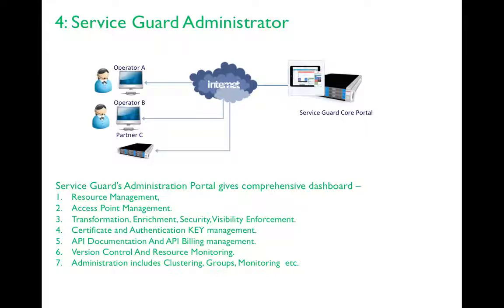Then we also have version control, where you can release multiple versions of the same resource to the partners, and for the billing, which gives you a much more flexible way of handling the transformed resources. And the same can be exposed to the partners through the partner portal, which they can use.